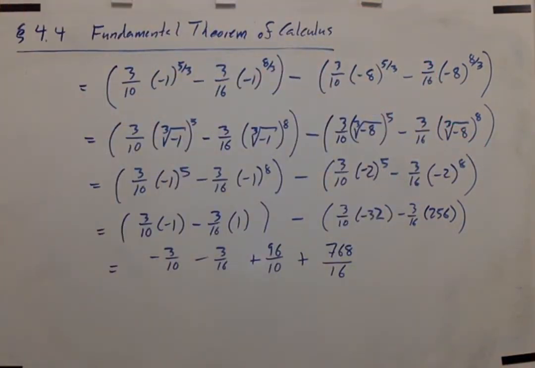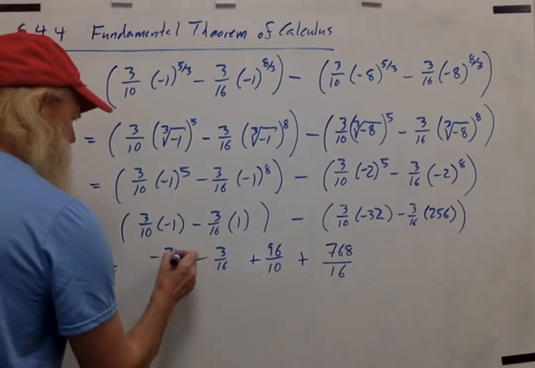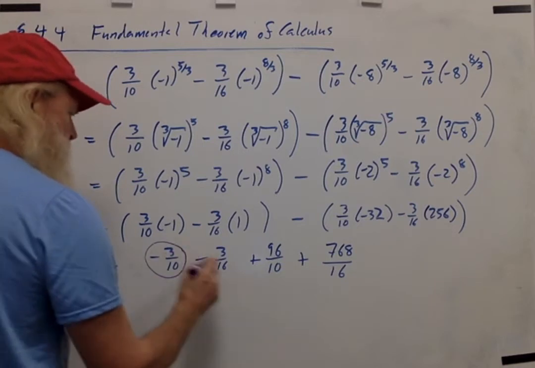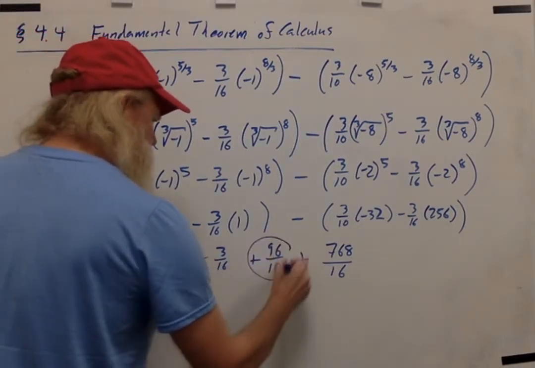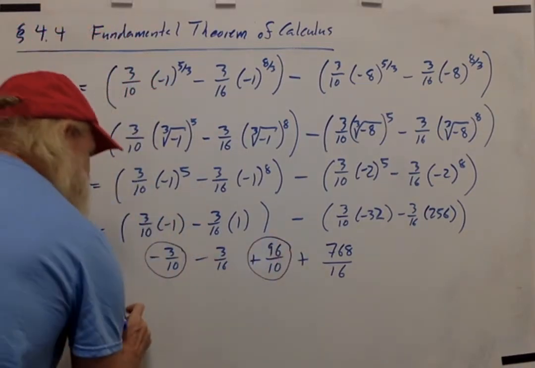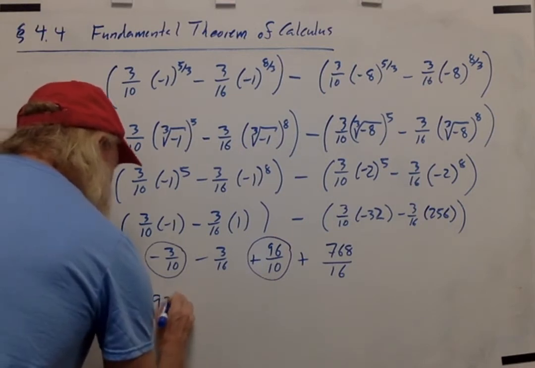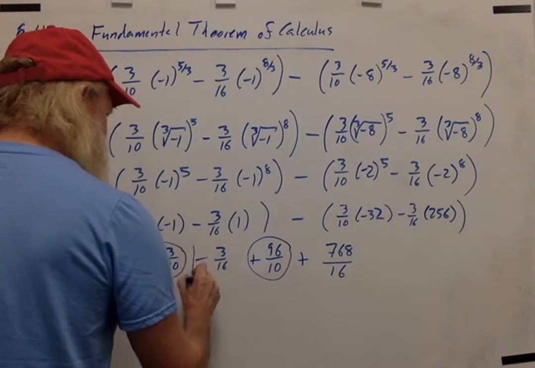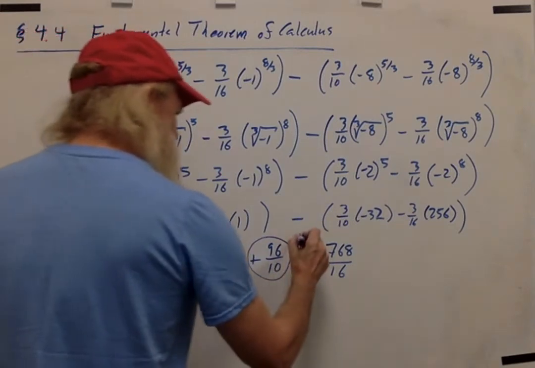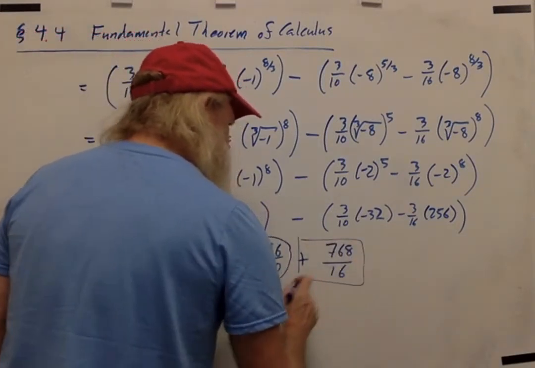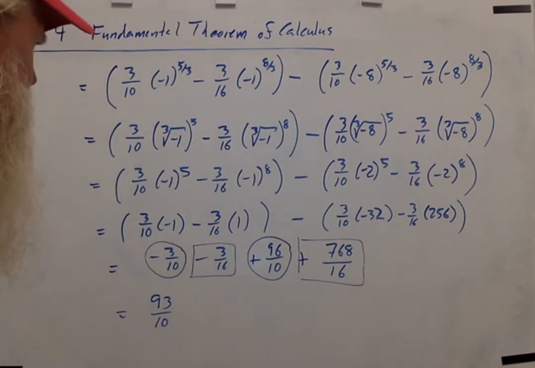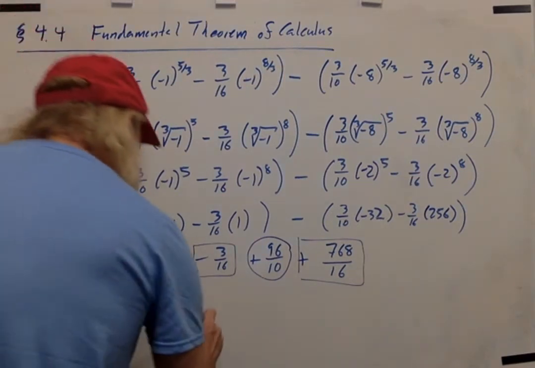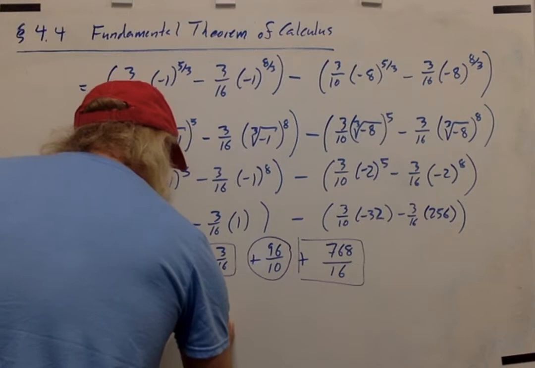Now, before I do anything with common denominators, let me go ahead and combine the terms that already have common denominators. I can combine the negative 3/10 with the positive 96/10 to get 93 over 10. And I can combine the negative 3 over 16 with the positive 768 over 16 to get 765 over 16.